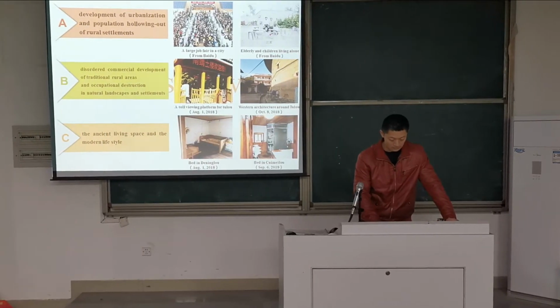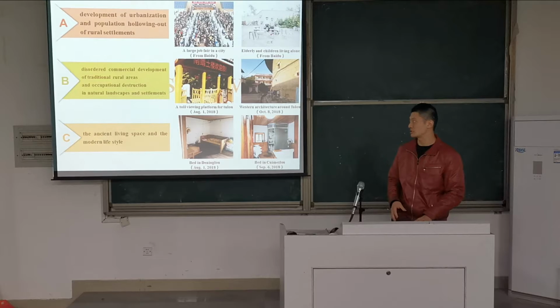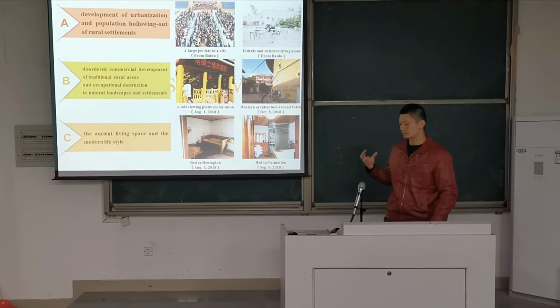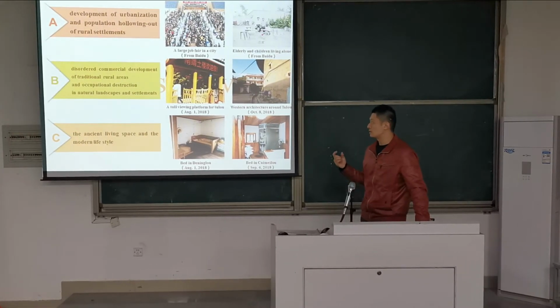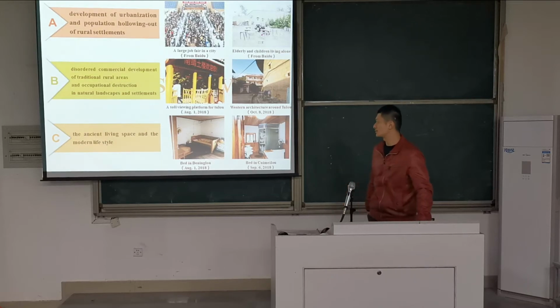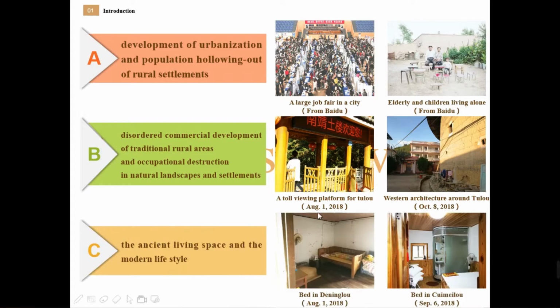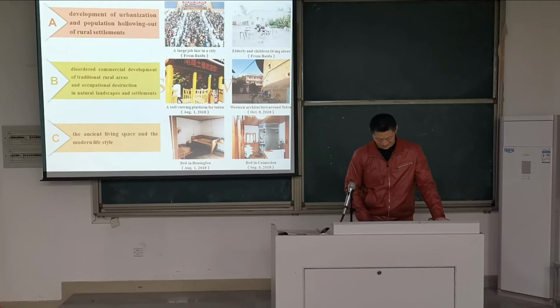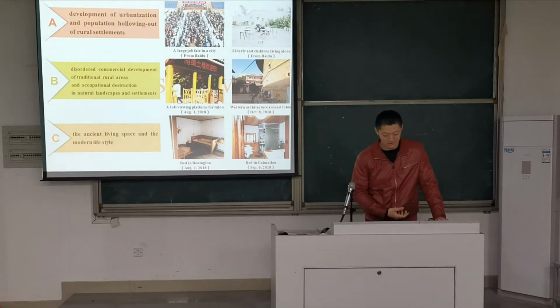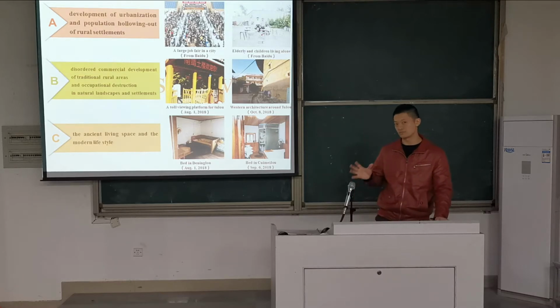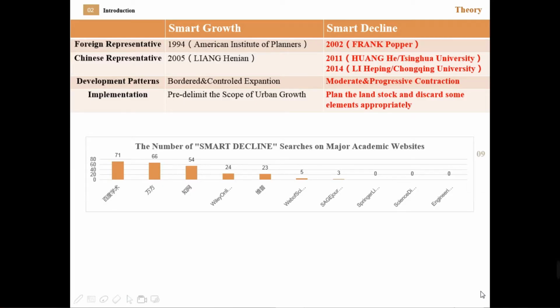Third of the conflicts, which is the most obvious one, is the ancient living space and the modern lifestyle. As we see, this is the old-fashioned Tulou area, and this is the optimized Tulou hotel with a separated bathroom. Those are the 3 main conflicts of not only Tulou, but also village and urban spaces.